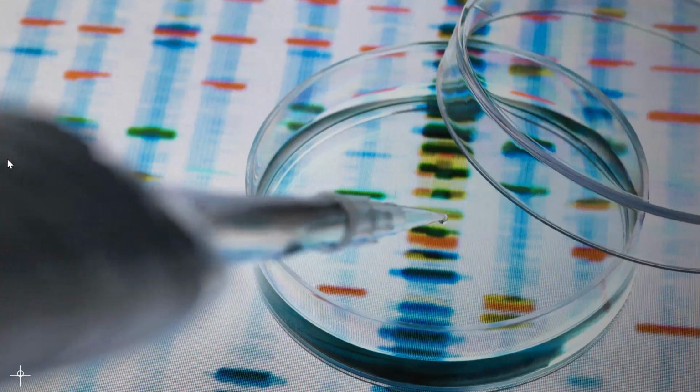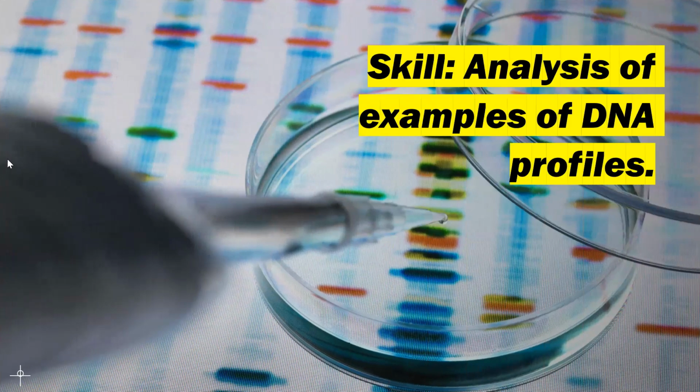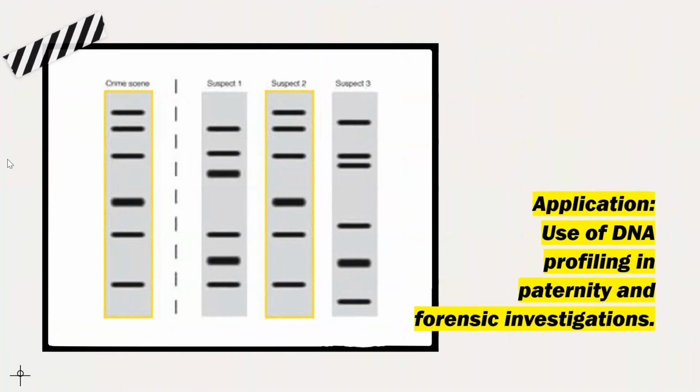Alrighty, so moving on now to your applications and skills. First of all, the analysis of DNA profiles. Okay, so we've talked about how we set DNA profiles up. We get the piece of DNA, we then go through PCR to replicate it.